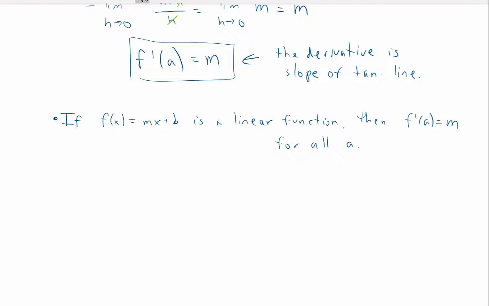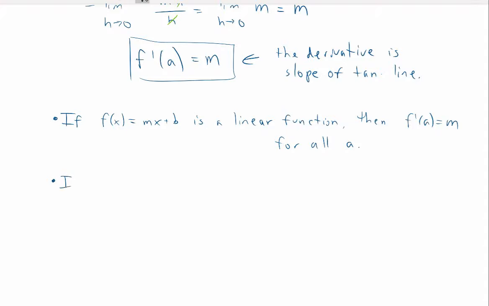This is a really great and important rule for us. It's telling us the derivative of any linear function is the slope of the linear function, just that value m. So now, if I ever ask you to find the derivative of a linear function, it's super easy. You just say whatever that value of the slope is.